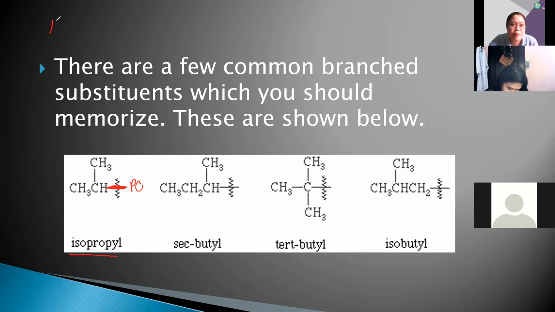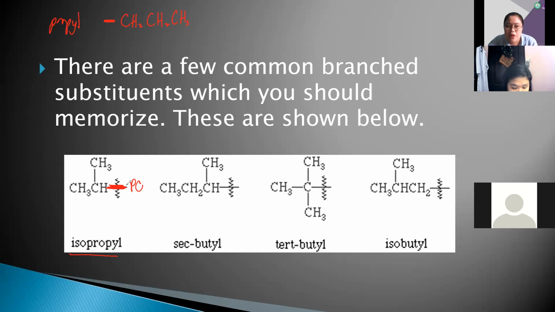Kasi pag sinabi mo kasing propyl class, ganito yun siya, CH2, CH2, CH3. So the connection on the parent chain is here at the terminal or at the end. Pero eto, titingnan nyo yung kaibahan, the connection on the parent chain is on the carbon at the center.